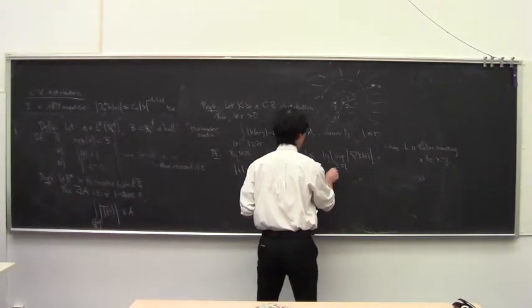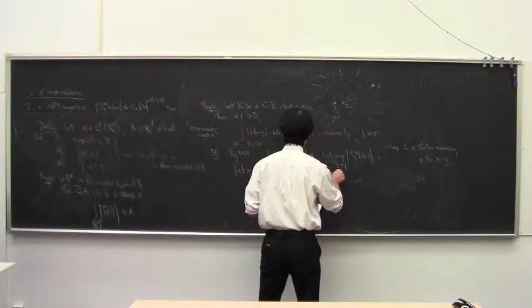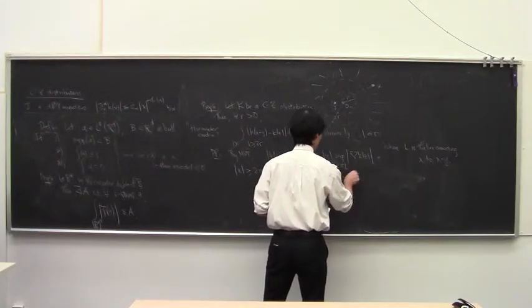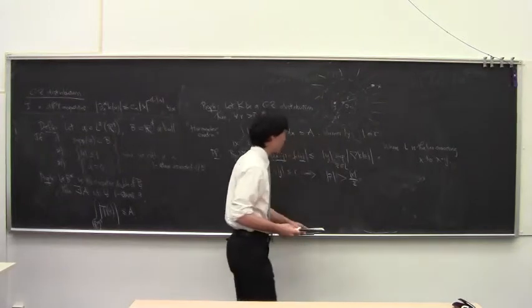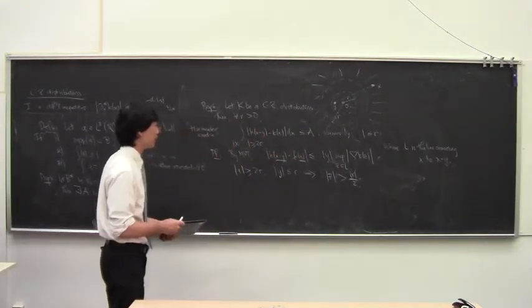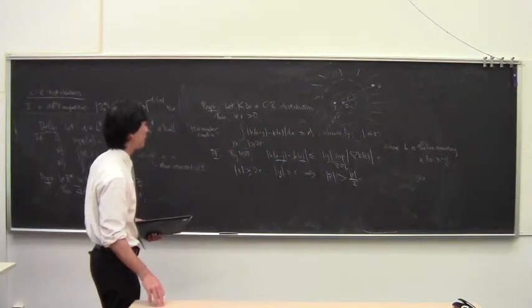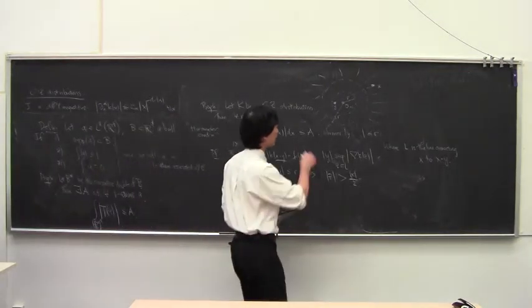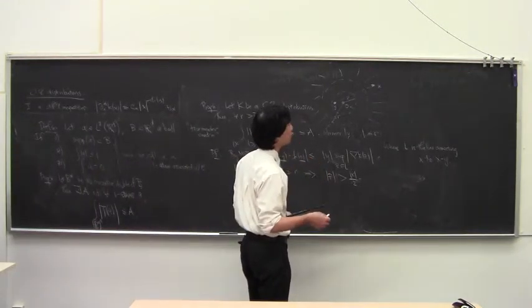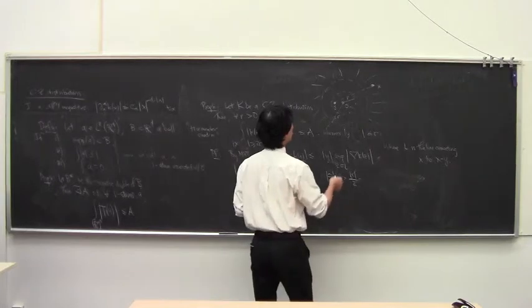So what we're trying to show is that the size of z is bigger than the absolute value of x over 2. So z is on the line connecting x to x minus y.